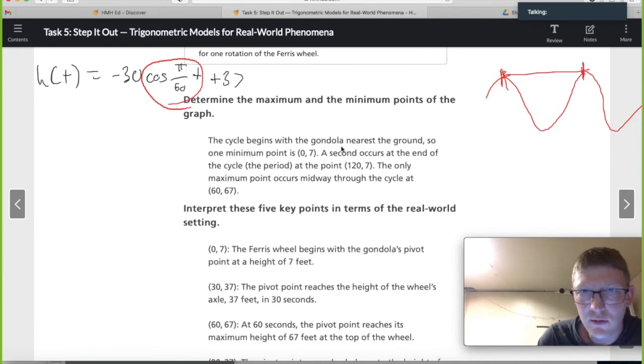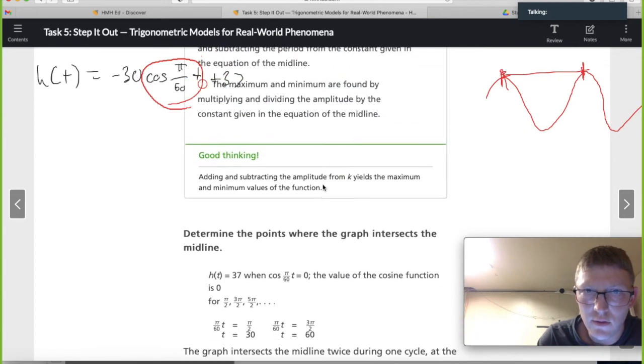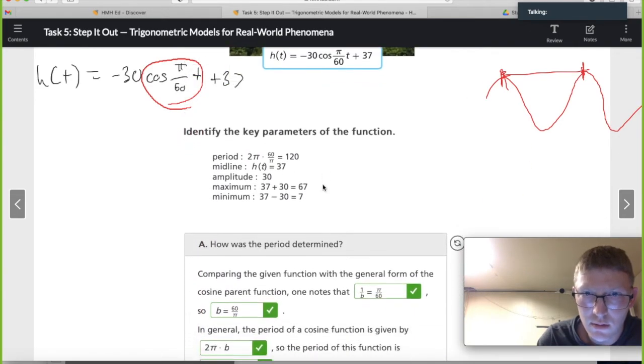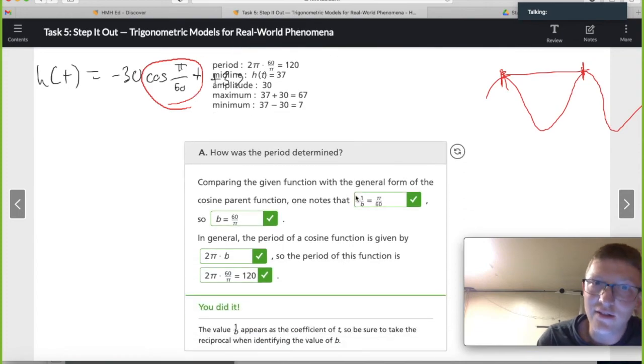The cycle begins with the gondola resting nearest the ground, so the minimum point is 0.7. A second occurs at the end of the cycle. The only maximum point occurs midway through the cycle at 60.67. It's the same thing that we got up here? Yeah. So they gave us 67, and then you just figure out when it hit 67.